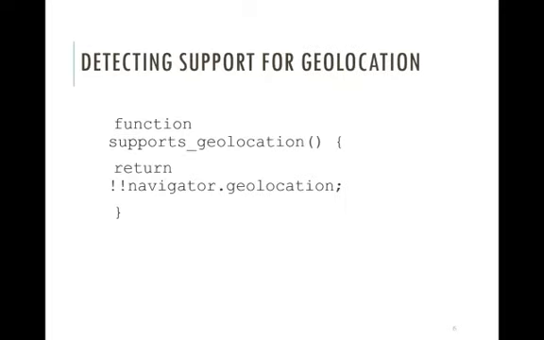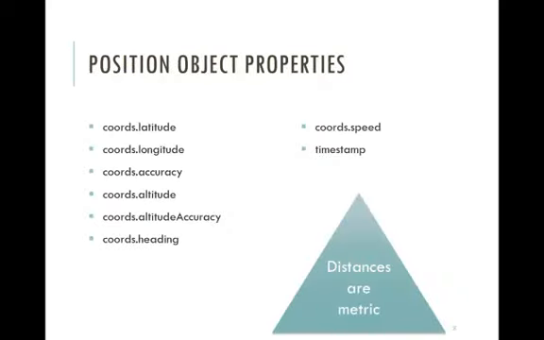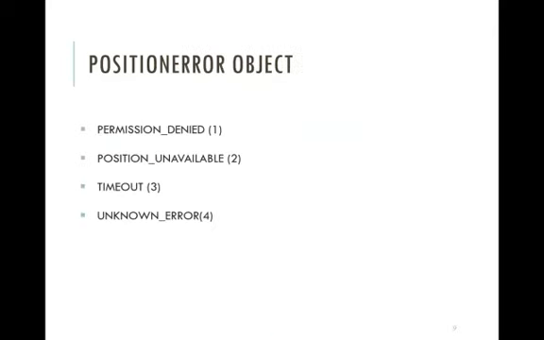Here's the code for detecting the support for geolocation. And we have a few API methods. We can use getCurrentPosition, watchPosition, or clearWatch. Here's a few of the position object properties. And we also have some position errors.